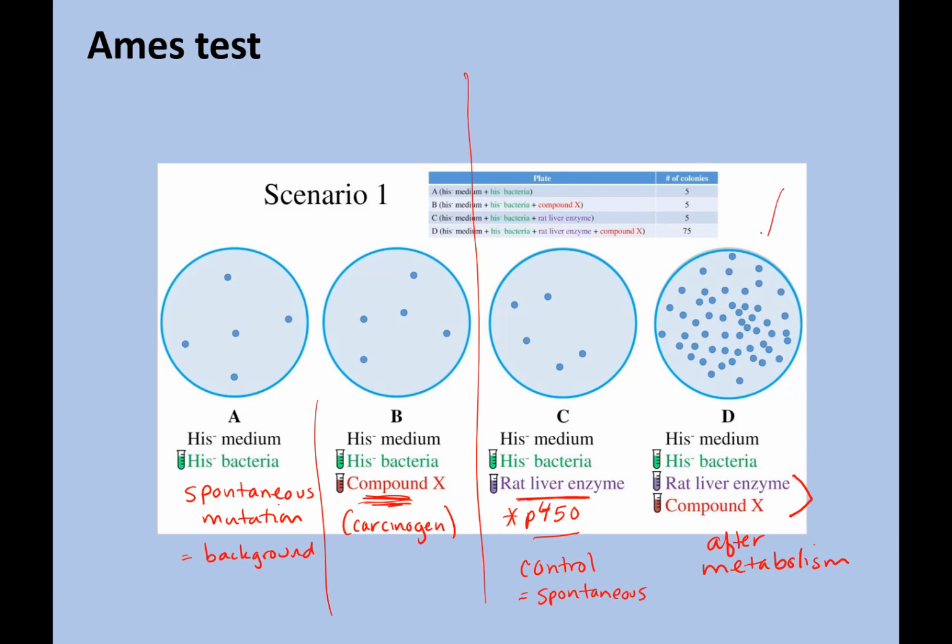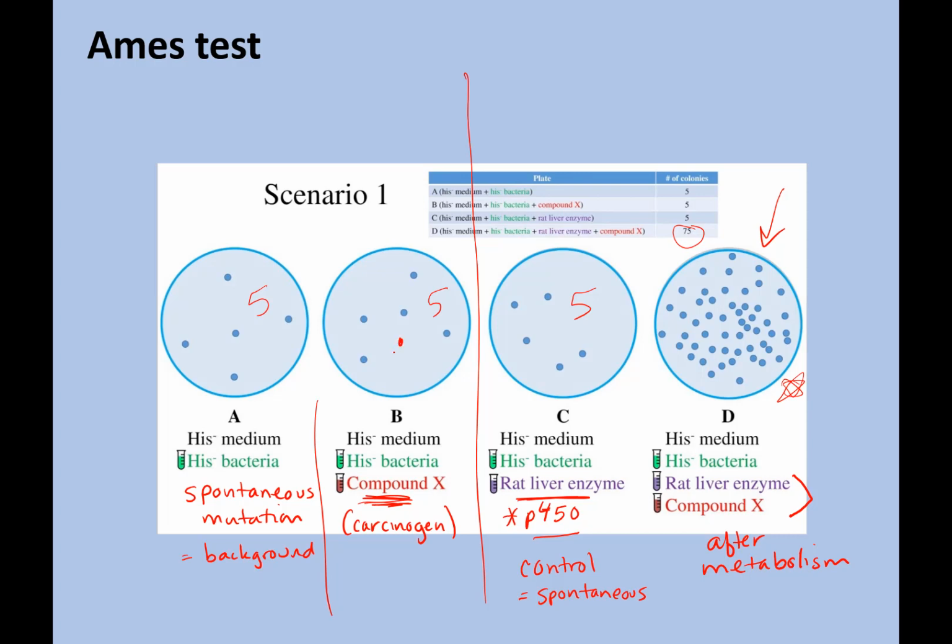And so in this case, you see that there's 75 colonies when compound X is incubated with the rat liver enzyme and the His bacteria. And all of these have only 5, which are background levels. So yes, in fact, compound X is a carcinogen that becomes a carcinogen after being processed in the liver. Okay.